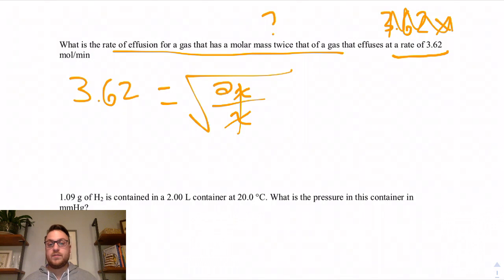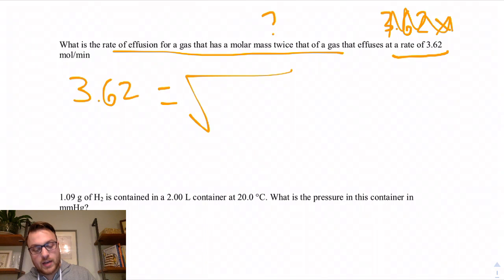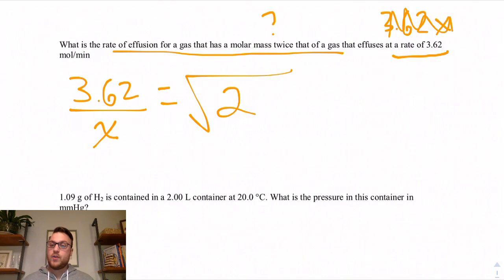Therefore, when you divide them, you're always going to get 2. So in reality, this side of the equation under the square root is always just going to be 2, which means we're just solving for the rate of the heavier gas and that is our only variable.